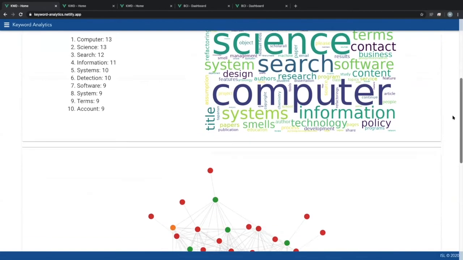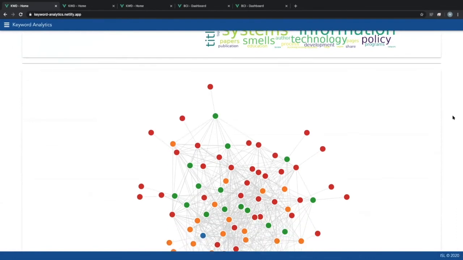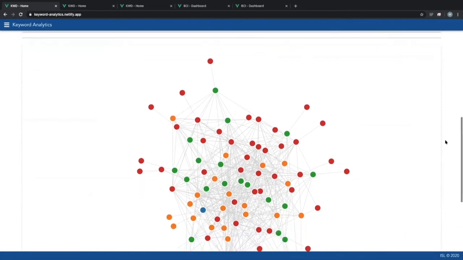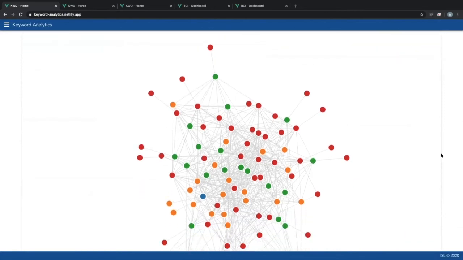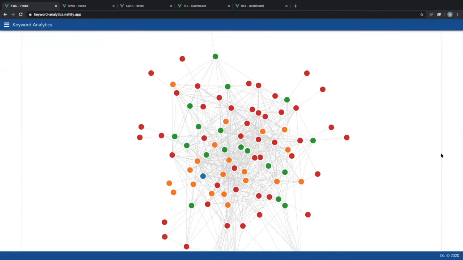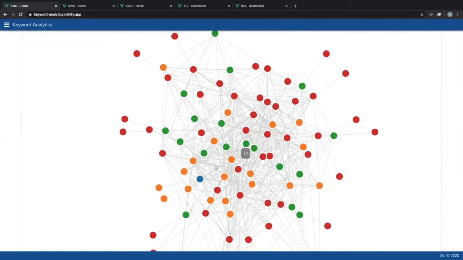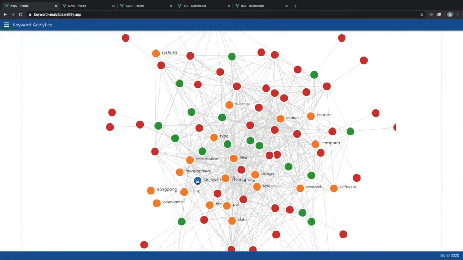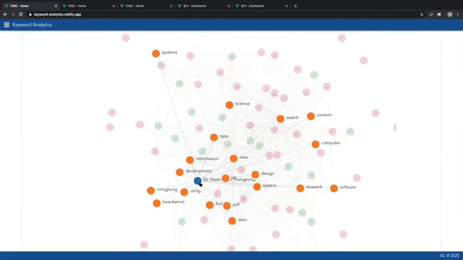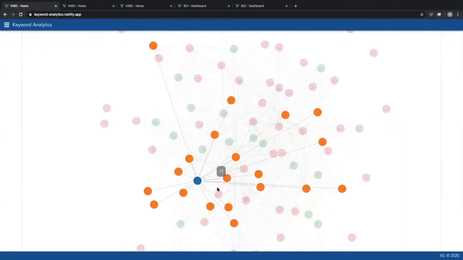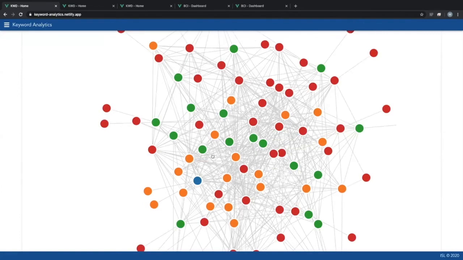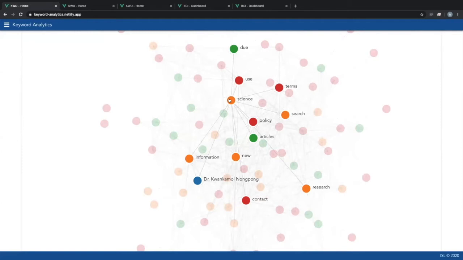We can also see the keyword association in a visualization, a network graph, which shows interconnection between a set of key associations. For example, level 0 here is Dr. Khwan, Ajahn Khwan Kamon, and in the next level it will be science, and we can see the connection after science can be like article or other stuff.